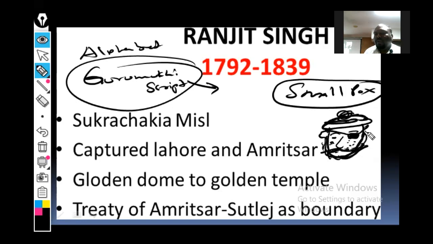With this stature, Ranjit Singh won battles. When he was 10 years old, he joined his father Mahan Singh and fought the Afghan invader, Zaman Shah Durrani. At the age of 10, he successfully fought alongside his father and they were able to drive away Zaman Shah Durrani.